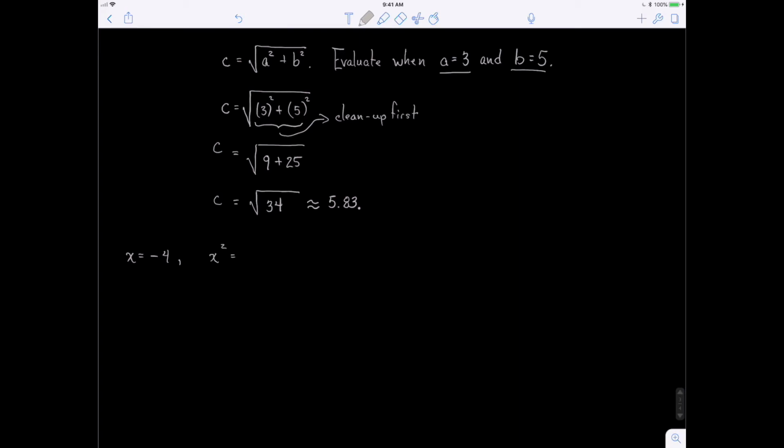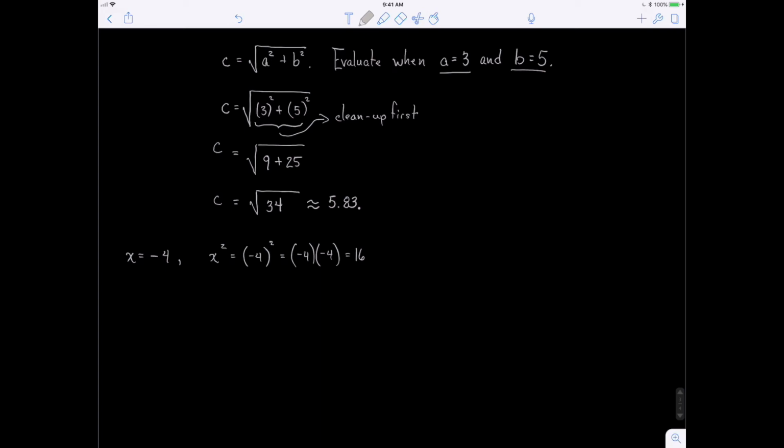Well, remember up above, I said that whenever you substitute, you need to use parentheses. So let's do that. (-4) squared. Well, (-4) squared means -4 times -4, which gives me +16.